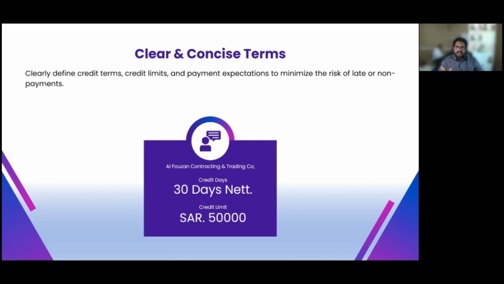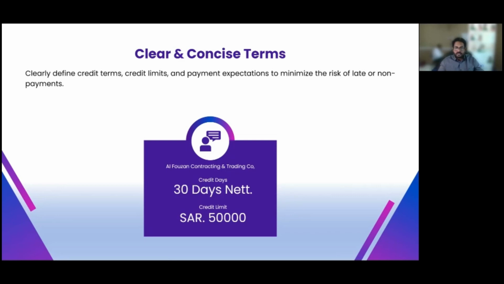So having credit days helps. And then a credit limit controls accidentally invoicing a customer who has reached his overdue and gone over the credit limit. So having these two options, very simple, will help the business reduce their receivable management problems to a great extent.